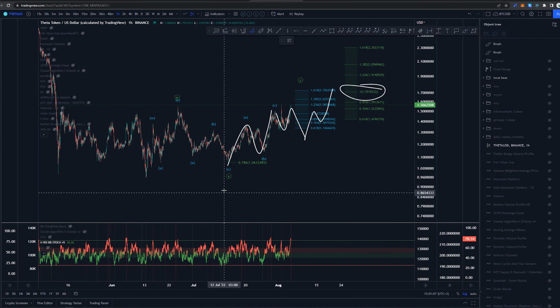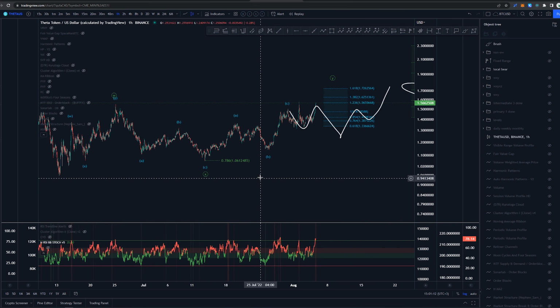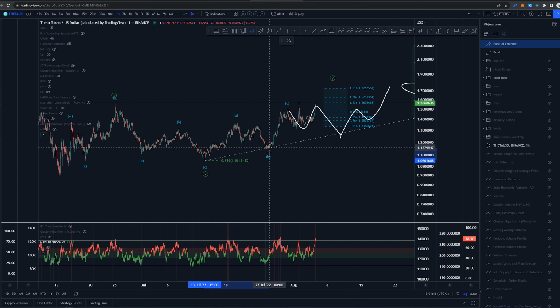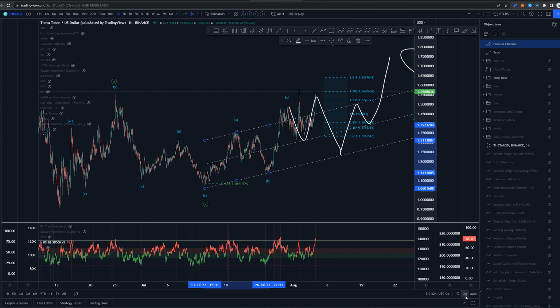We can even use a channeling method here. Let me get rid of that first. Should have done that before, but again, it does not really fit. Let's see it on arithmetic scale, even worse.